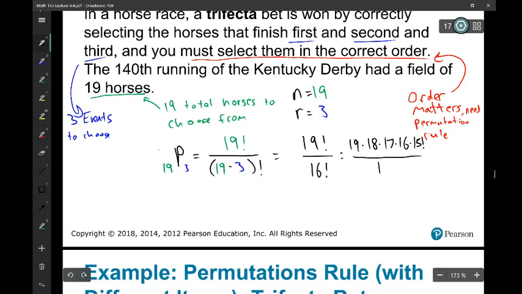Now actually, since we have 16 here, we only want to go to 16 factorial here. So the 16 factorials cancel, and we're left with 19 times 18 times 17.